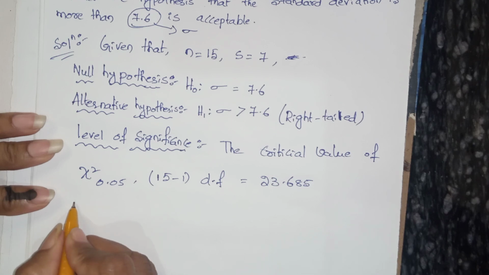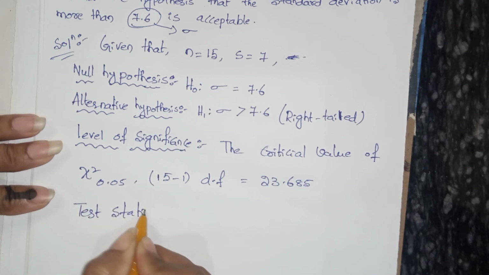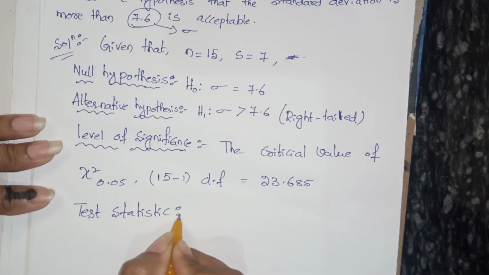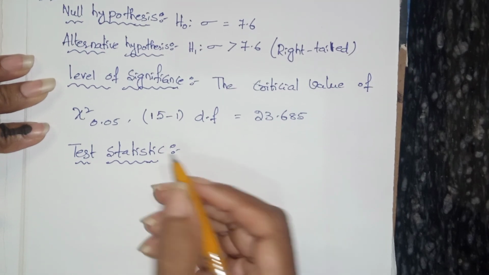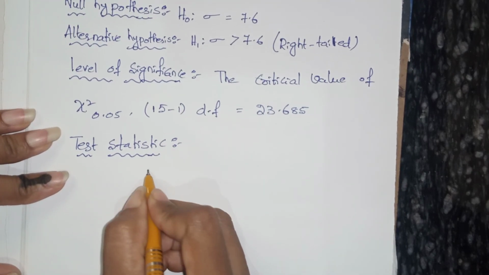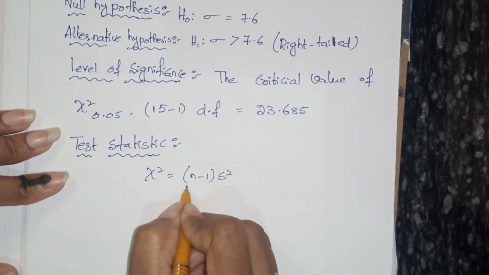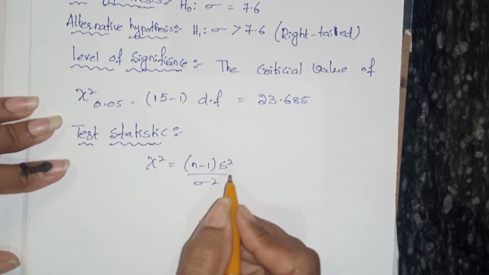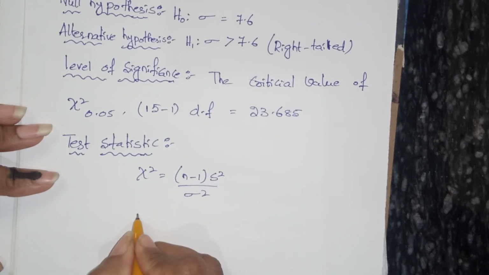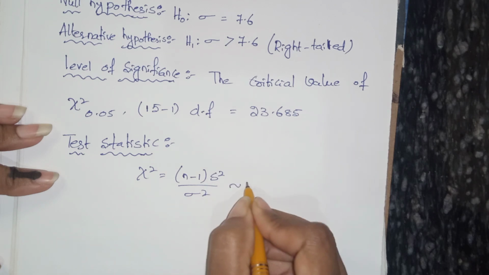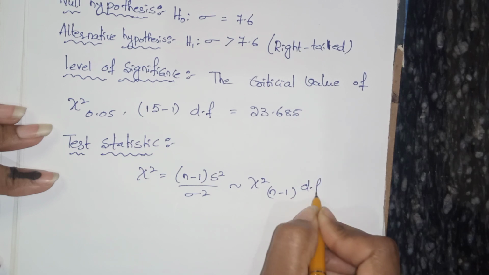And the next is the test statistic. Under the null hypothesis we take this formula: chi-square equals n minus 1 times s square divided by sigma square. That follows chi-square with n minus 1 degrees of freedom.